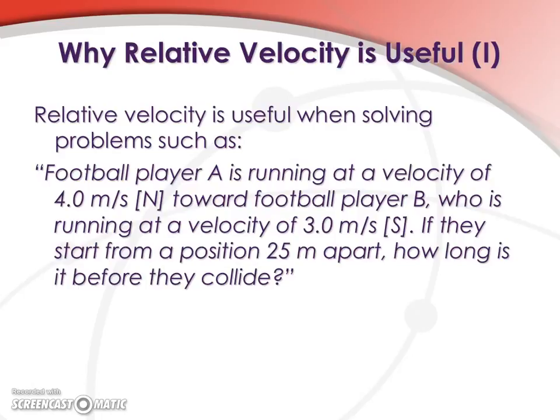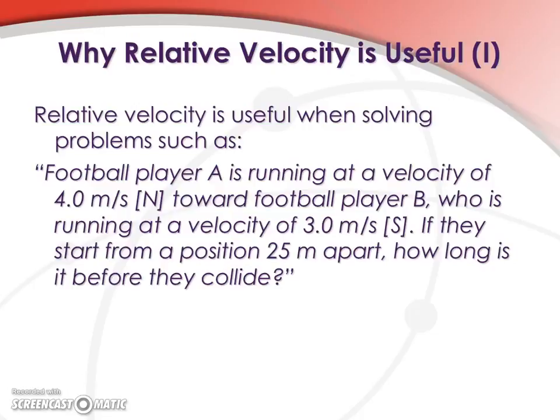So why is it worthwhile to think about these things in this way? Well, as soon as we've established how to do this, we can solve some problems that would be quite complicated without this concept. For example, a football player running 4 meters per second north toward a second football player running 3 meters per second south.